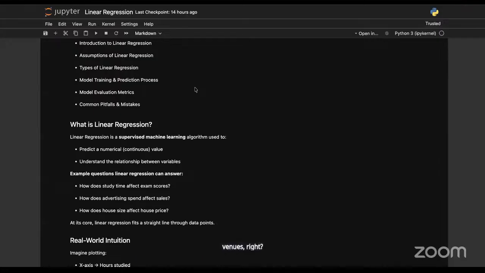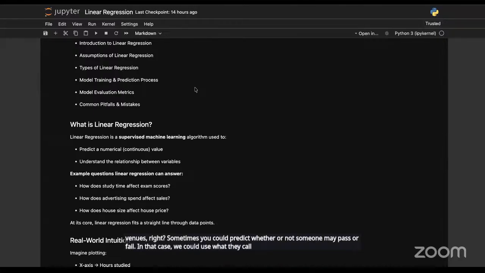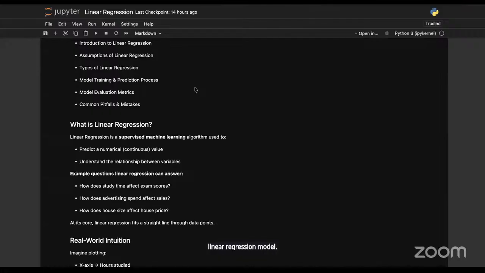Sometimes you could predict whether or not someone may pass or fail. In that case, we could use what is called a logistic regression model. But in this case, because we are working with numerical values, we will be using a linear regression model. The one thing about a linear regression model is that you want to make sure you understand the relationship between the variables.